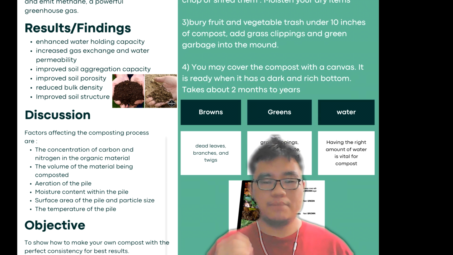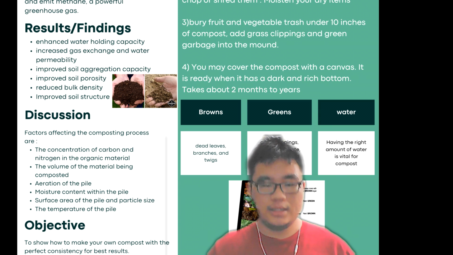Third is the process of aeration. What is aeration, you may ask? Aeration is a process to let air come into the compost, which can make the composting process shorter. Fourth is the moisture content within the pulp.